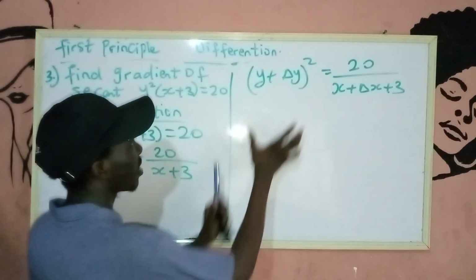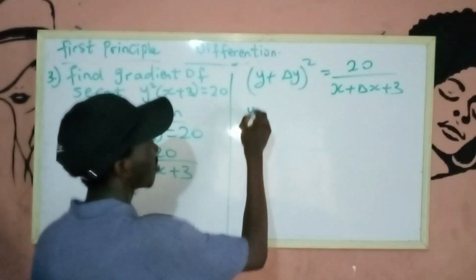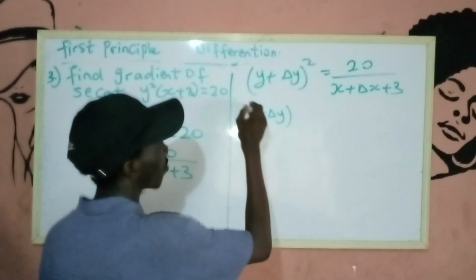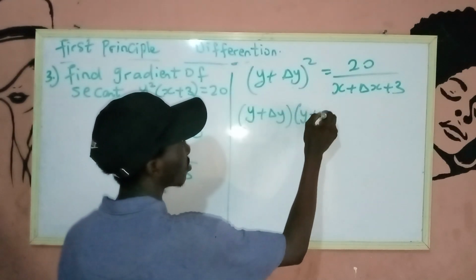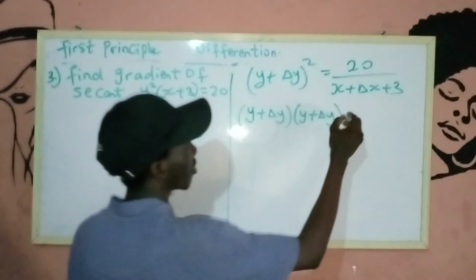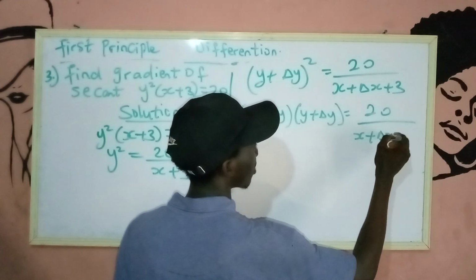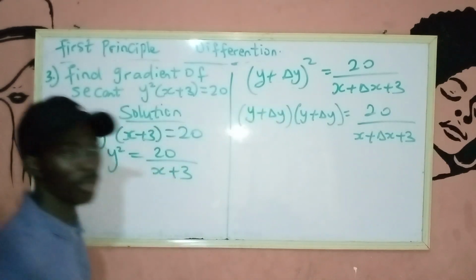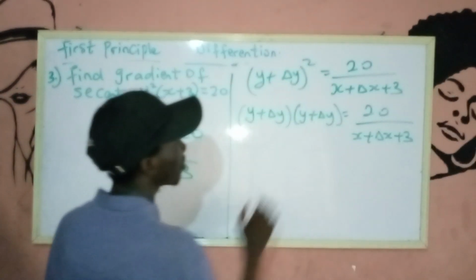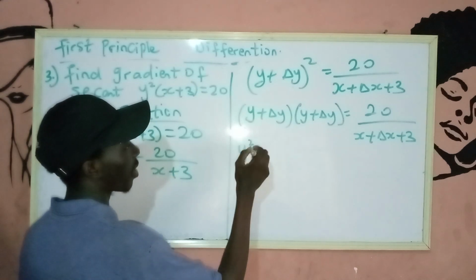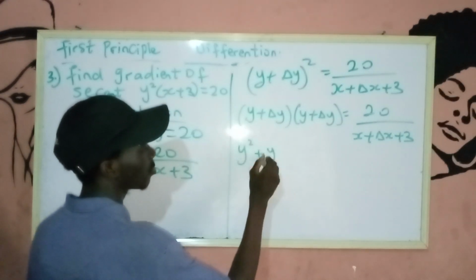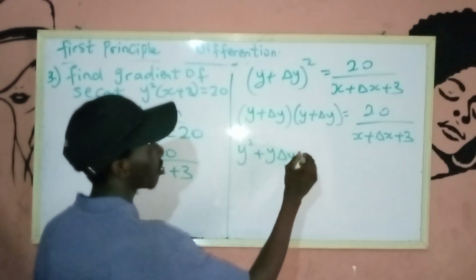So what the next I'll do here is I'll expand this. And how do you expand this? You have (y plus change in y) times (y plus change in y), and that is equal to 20 over (x plus change in x plus 3). What will this become? This becomes y squared. This becomes y change in y.